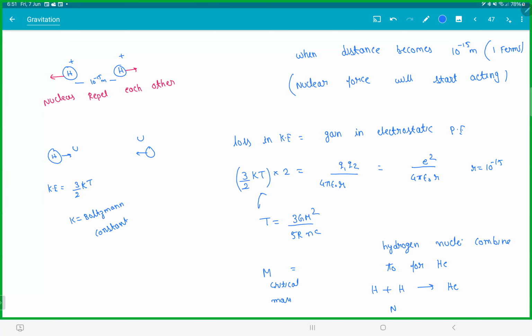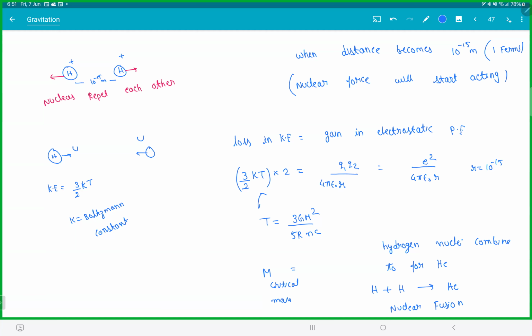This is called nuclear fusion. And the star is born. And it starts producing heat, and you see that glow. Currently our sun has around 75% hydrogen and 25% helium. Based on that estimate, you can find out at what time the sun has started.